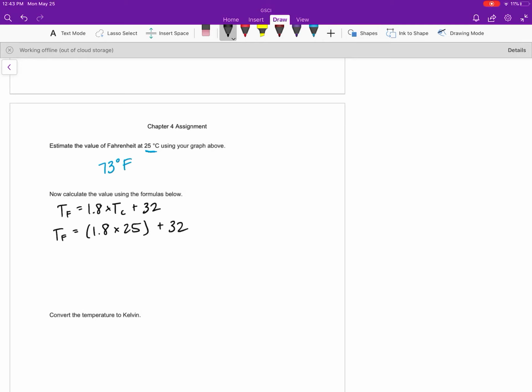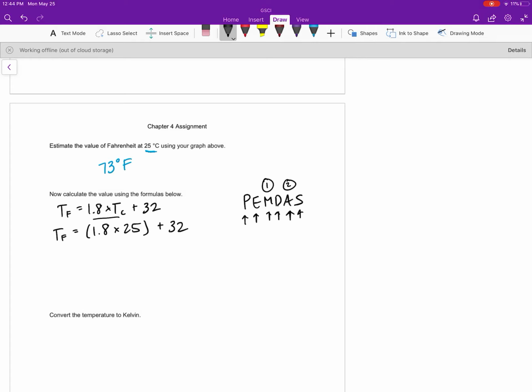The reason I put parentheses around the 1.8 times 25 is, if we remember, please excuse my dear Aunt Sally: parentheses, exponents, multiplication, division, addition, subtraction. So multiplication has to occur first. I need to multiply these two before I add. So I use the parentheses to remind myself.